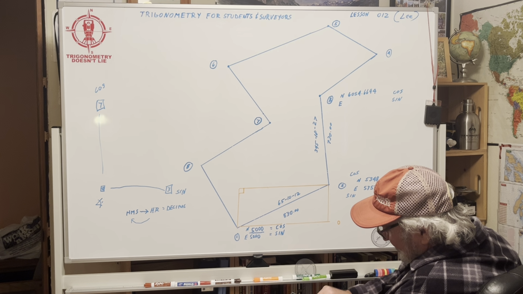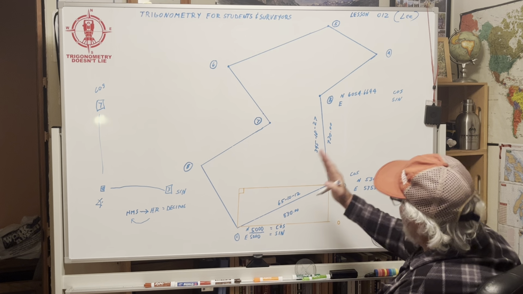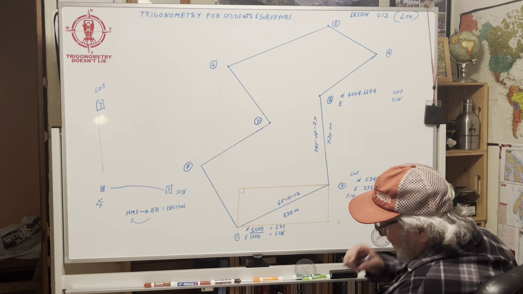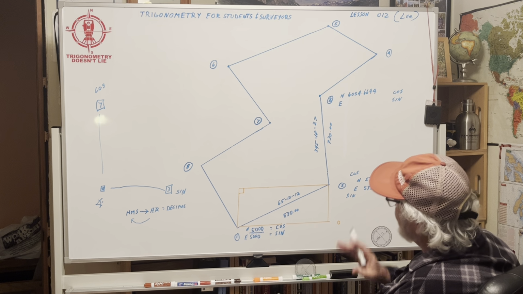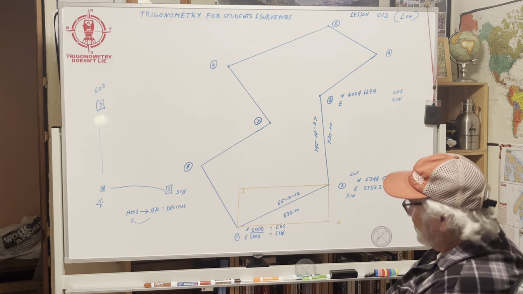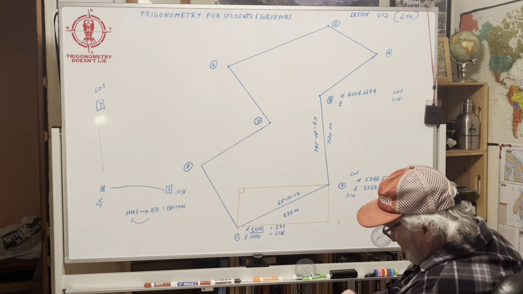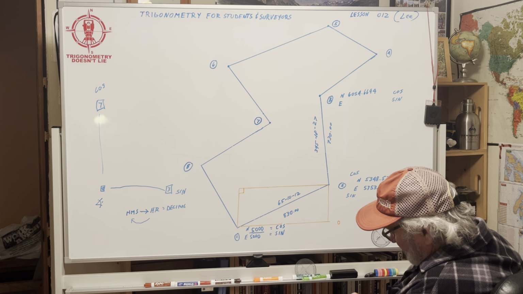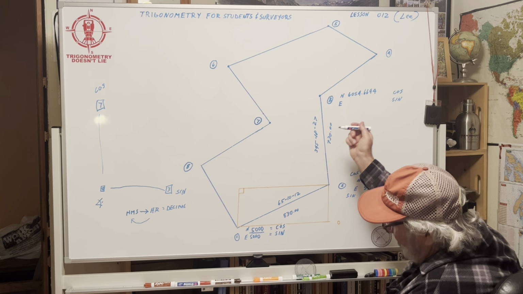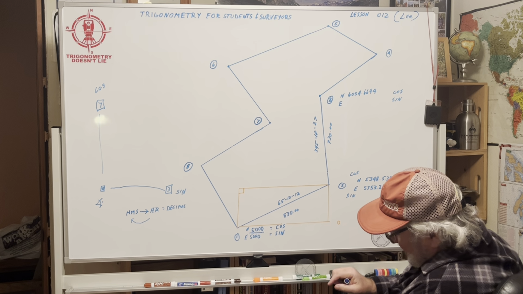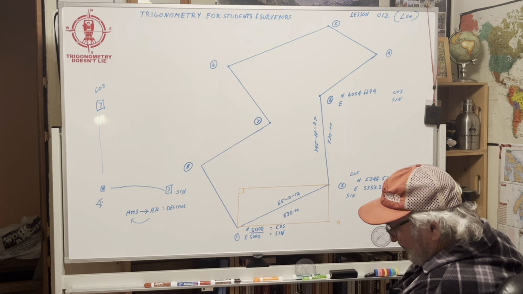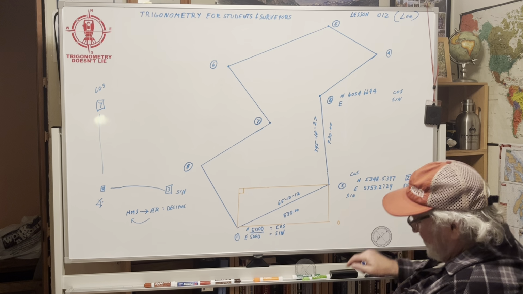We want to hit sine, because now we're going to figure our easting. Now we're going to hit sine, and you'll see that it's a negative number. It's a negative 0.2536, because we're going to the west. That's the negative direction. So now we want to hit times 730. And that's 185 feet to the west it went. So it's a negative 185, so we're going to add that to our easting here.